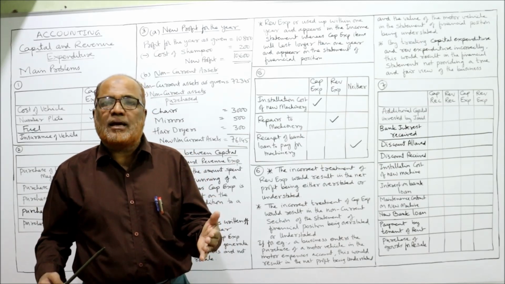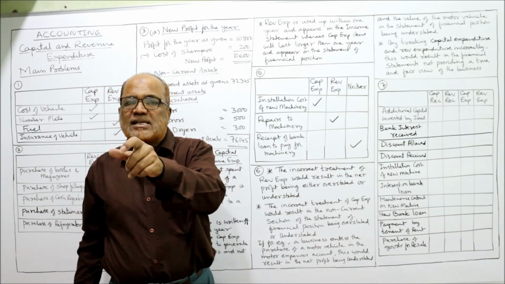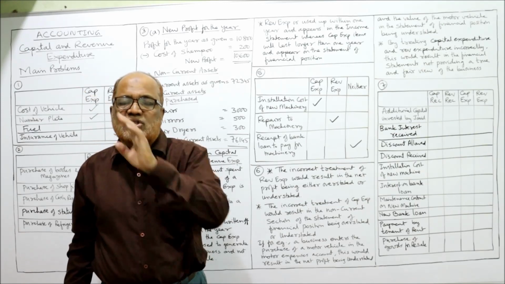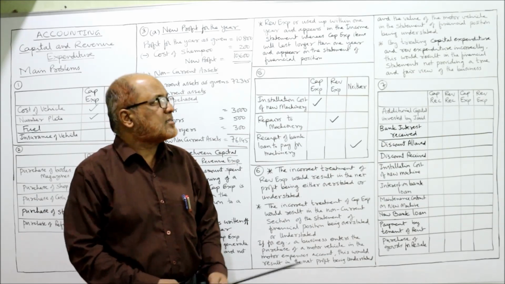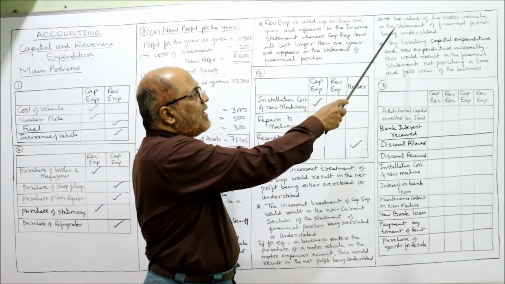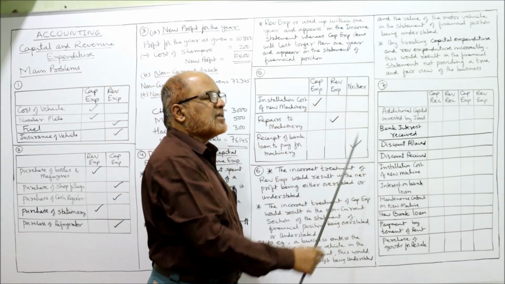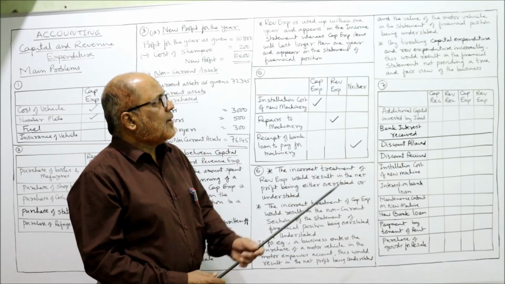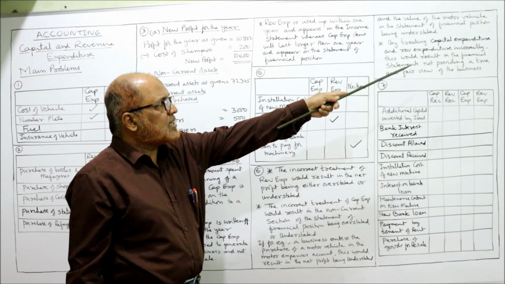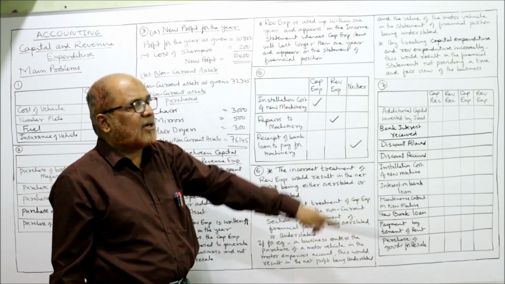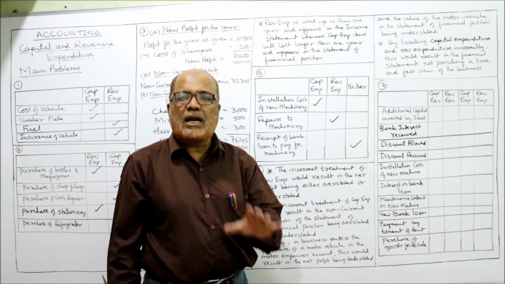At the same time, the non-current assets section of the statement of financial position will also not show the true non-current assets, and the value of the motor vehicle in the statement of financial position is understated. That is the effect. By treating capital expenditure and revenue expenditure incorrectly, the financial statements will not provide a true and fair view of the business.